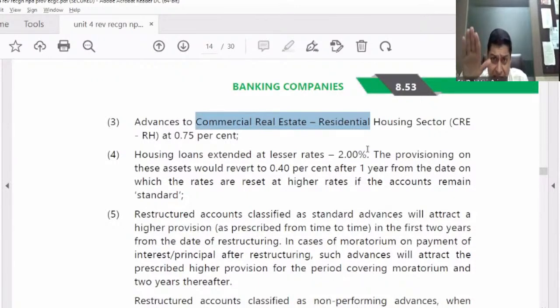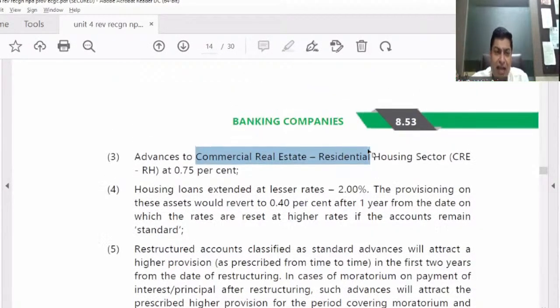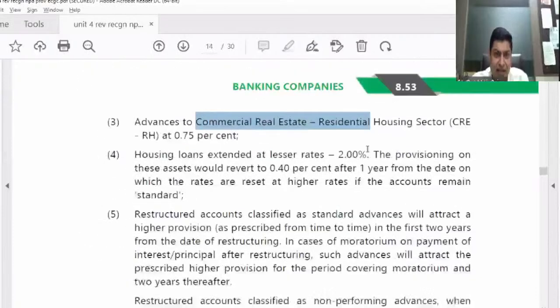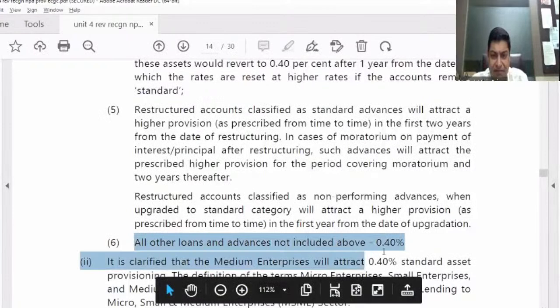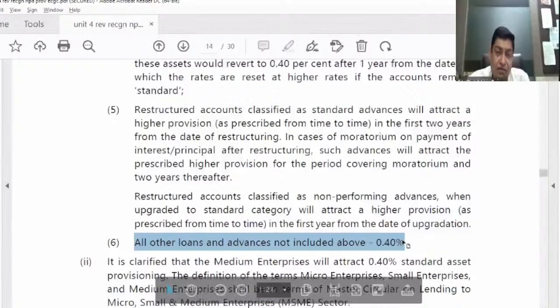Housing sector is a little bit less risky, so that is 0.75. So guys, after these 1, 2 and 3, directly switch over to point number 6, all other is 0.40 percentage.